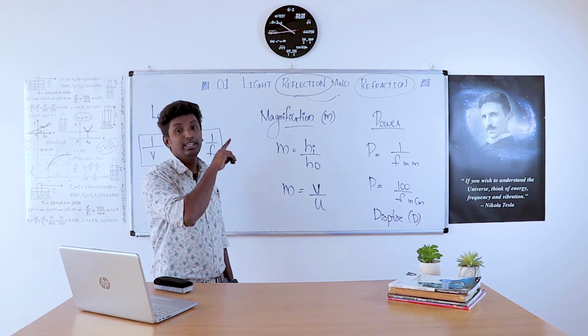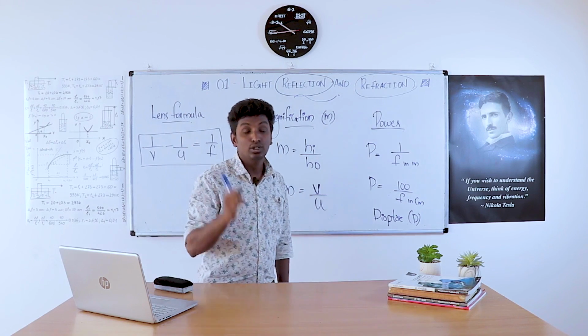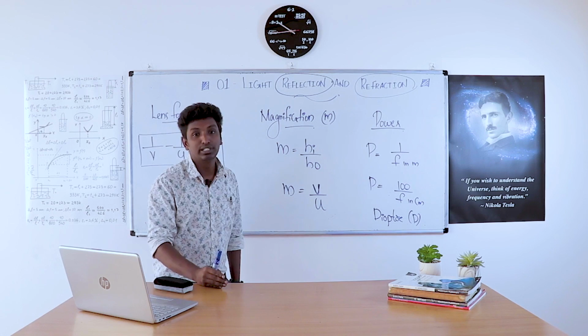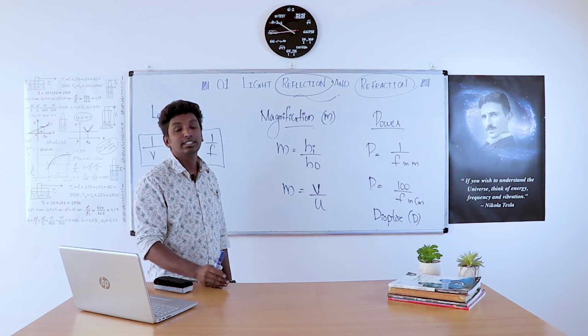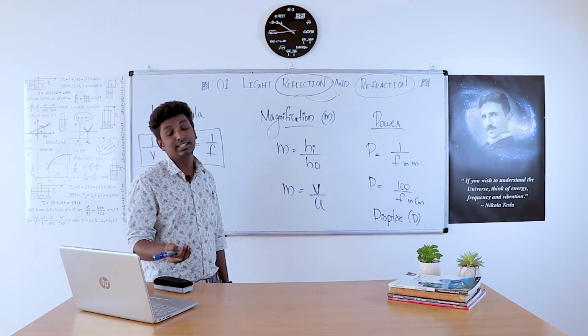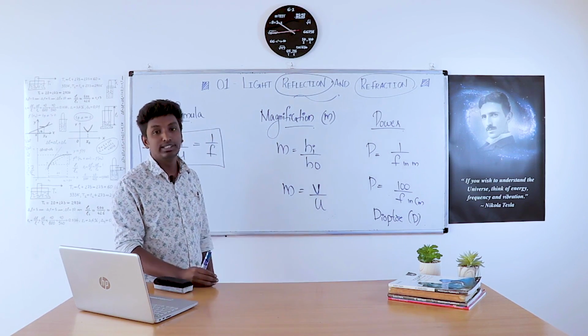Next, in the refraction section, we studied what is refraction, laws of refraction, then refractive index, absolute refractive index, then spherical lenses, concave lens and convex lens, converging lens and diverging lens. Converging is convex and diverging is concave.